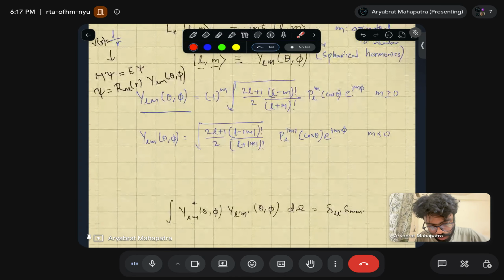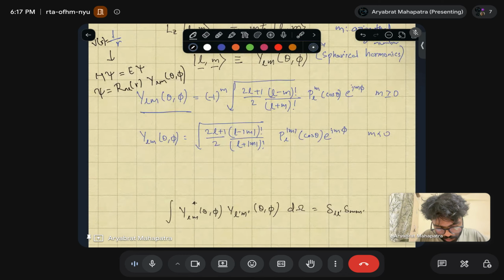What I mean to say here is, suppose you take this L square, and let's say this depends on psi nlm.